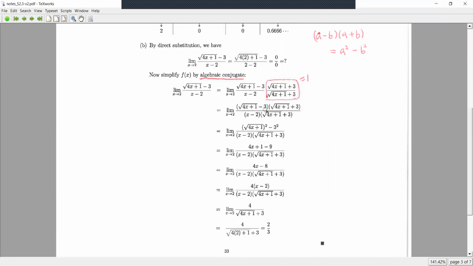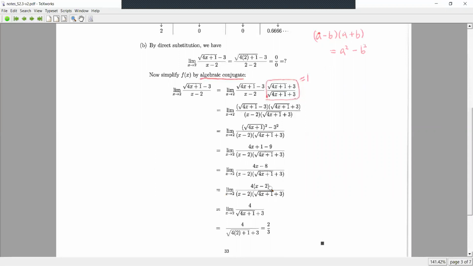A minus B times A plus B. So by formula, it is A squared minus B squared. Square root and square can be canceled, so we have this equation. Now simplify the top and factor the number 4 out. Then we have this equation.